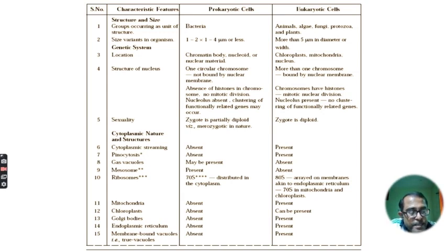In case of prokaryotic cells, the genes which are related to particular functions are clustered. And the genes which are clustered in case of prokaryotes are called operons.